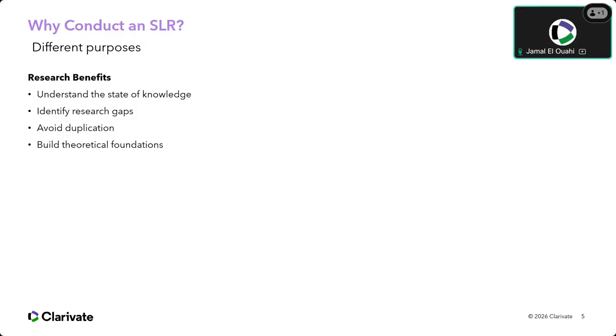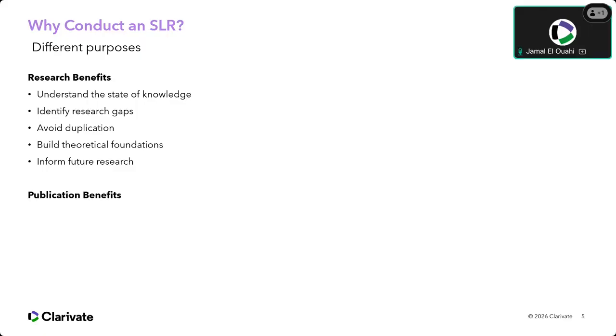And of course, for young researchers, doctoral students for instance, an SLR can provide the foundation for an entire thesis project. That's also the reason why very often PhD projects start with a systematic literature review.